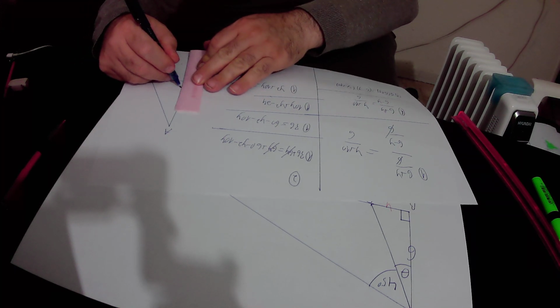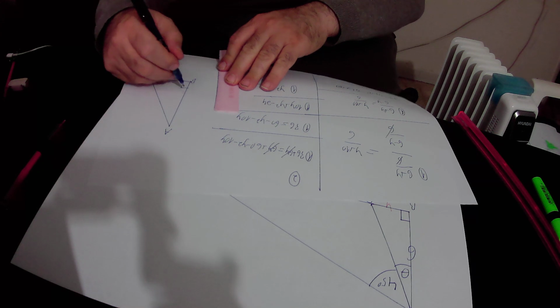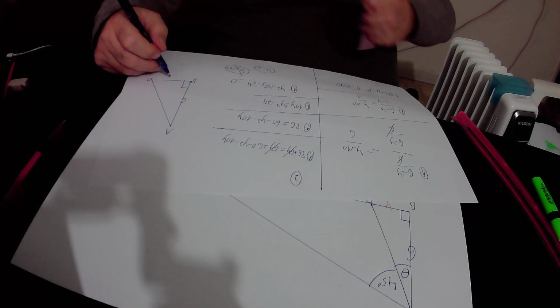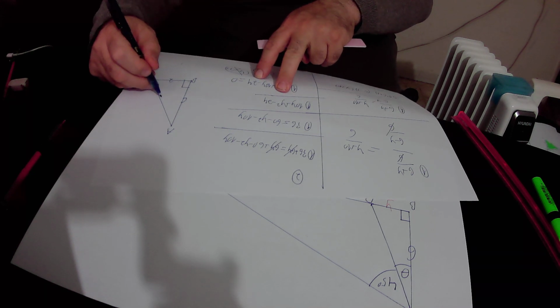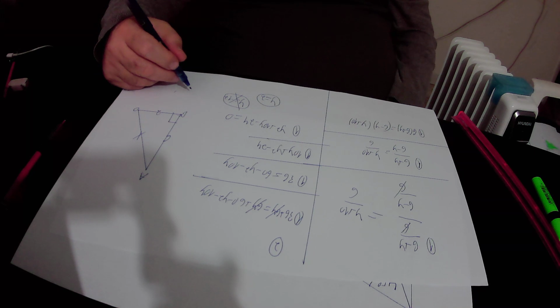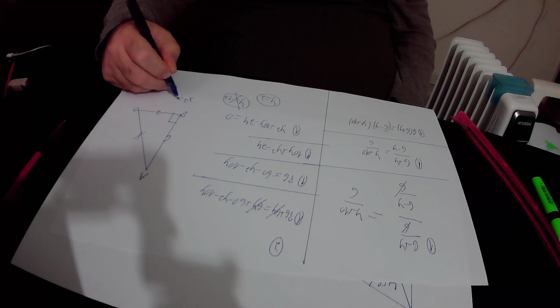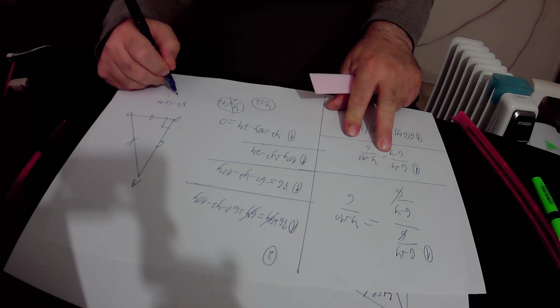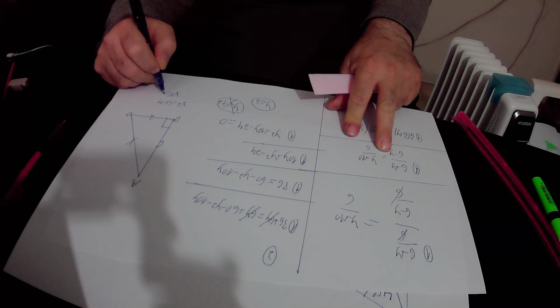Okay, I will repeat it. This is 6. BD equals y, that is 2 units, and this is x. According to the Pythagorean theorem, x squared equals 36 plus 4, that is 40.